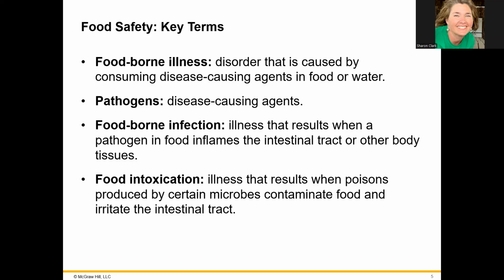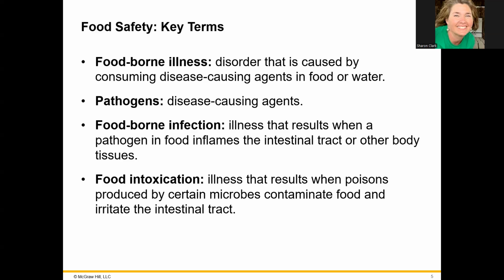Okay, and then lastly, food intoxication. This is where the illness results from the toxin or the poison that is produced by the pathogen in the body. So you ingest the toxin, the poison, and that is what makes you sick. Okay.